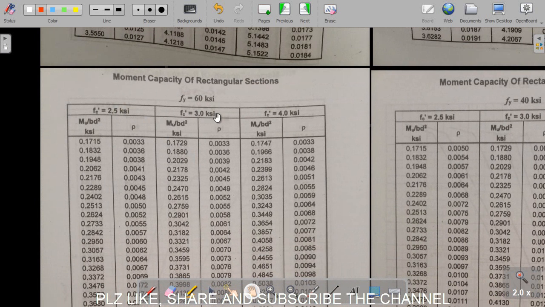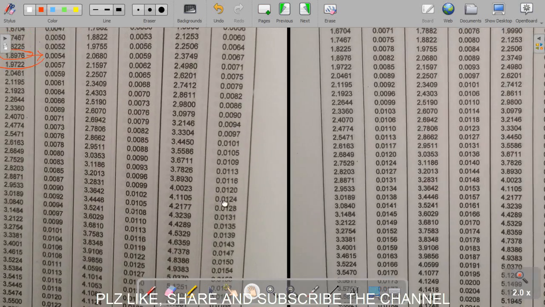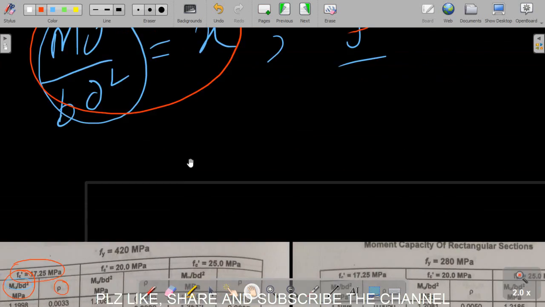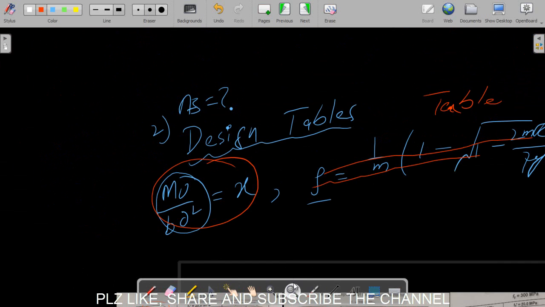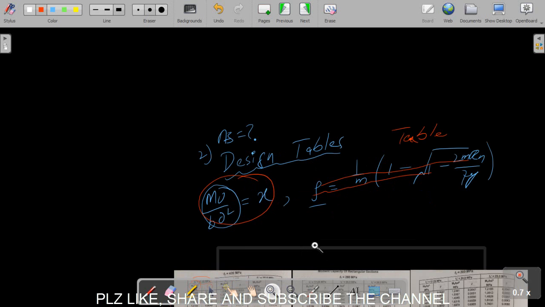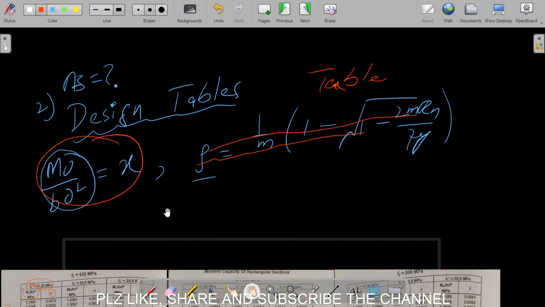This is 20 MPa, 3 KSI, and this is 4 KSI, which is around 28 or 30 MPa. So these are the design tables. I have calculated rho values and I have already recorded lectures over this method. I will share the link and I will use this method in some examples so you can easily understand how to use it.